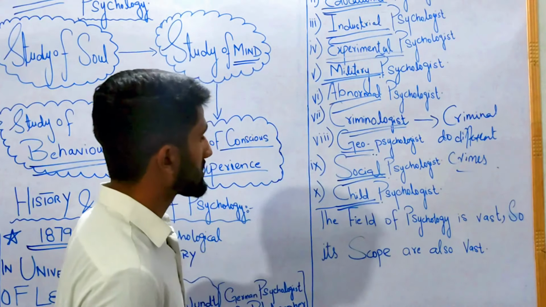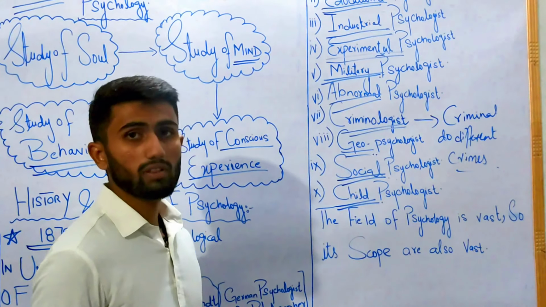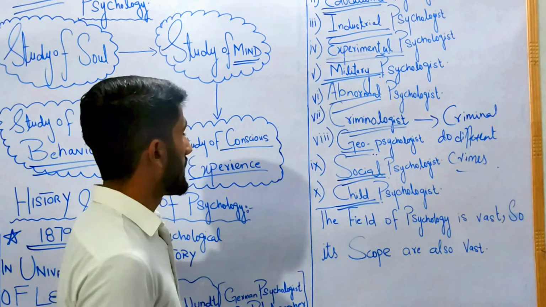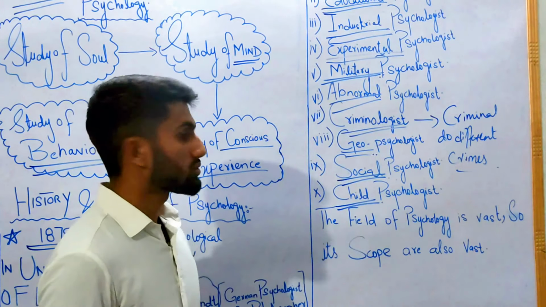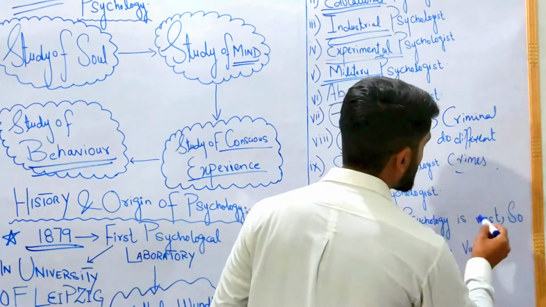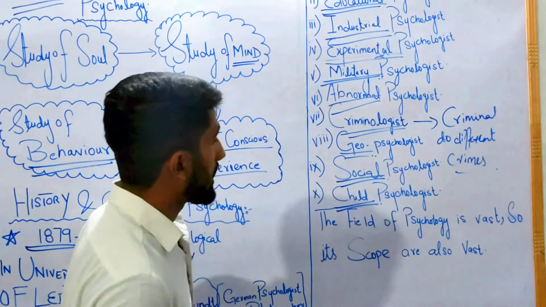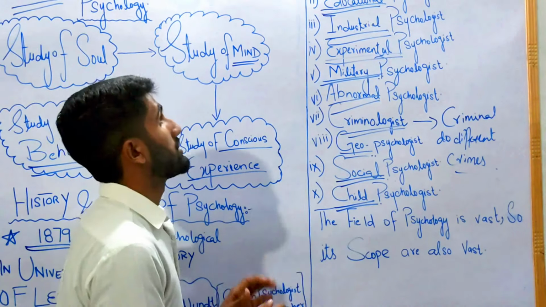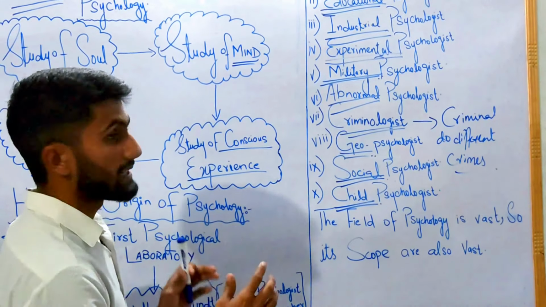The child psychologist is concerned with psychological problems as well as health problems associated with the child. So this is the work of a child psychologist. The field of psychology is vast, so its scopes are also vast, and we can't cover all the scopes of psychology in a single video.